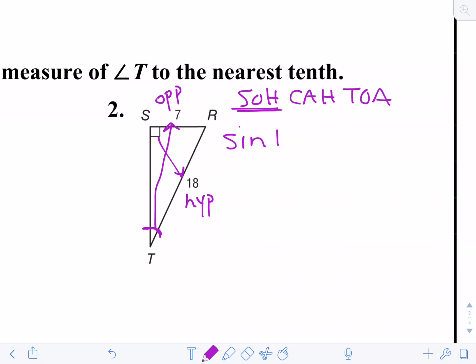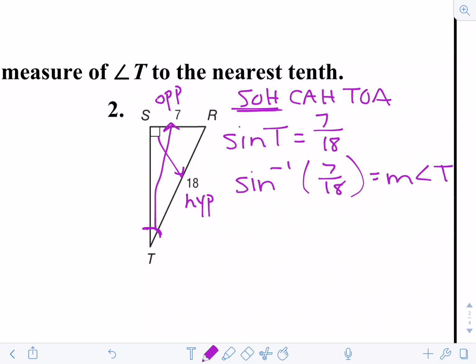So we have sine of T is equal to, opposite is 7 over my hypotenuse is 18. In your calculator, you hit inverse sine, 7 divided by 18, and that will give you the measure of angle T. It should come out to 22.9 degrees.